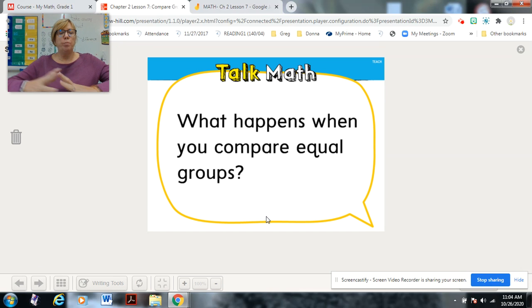What happens when you compare equal groups? Well, let's try that. I would like you to take 3 counters in one color and 3 counters in another color and put them together. Are there any more than the other?